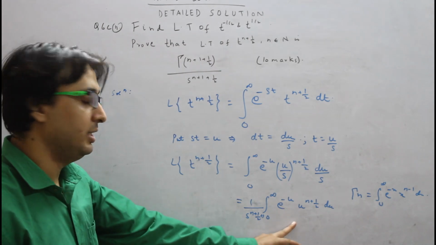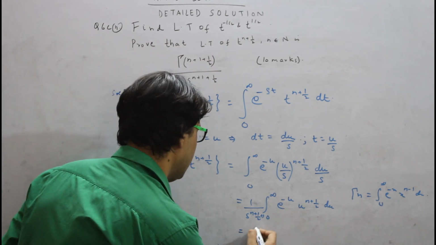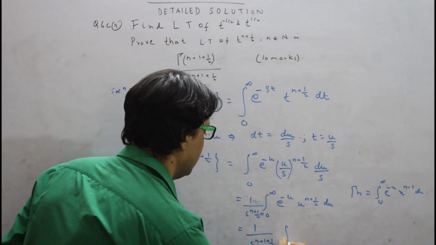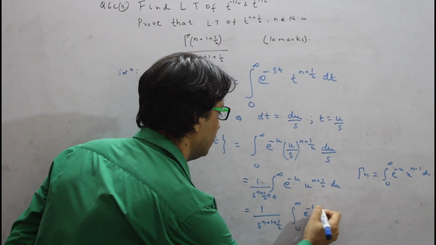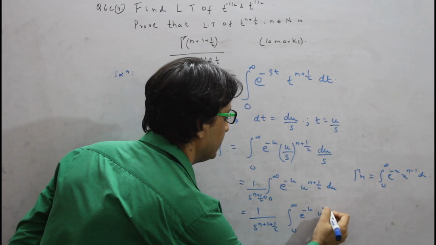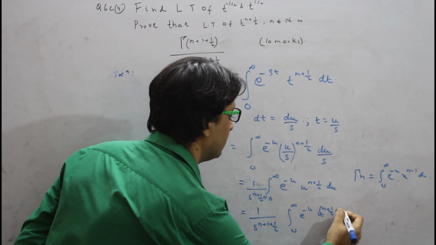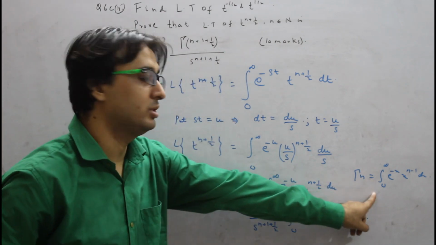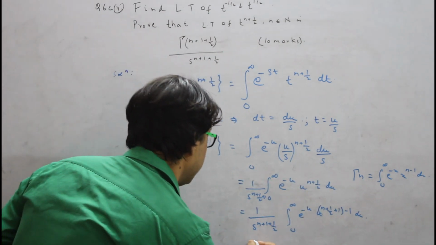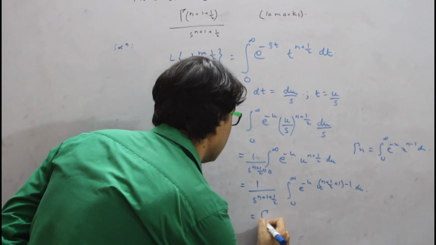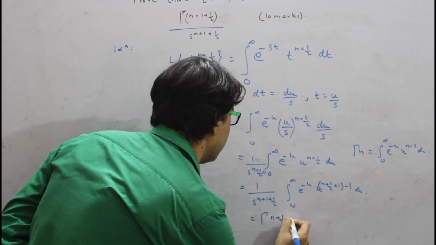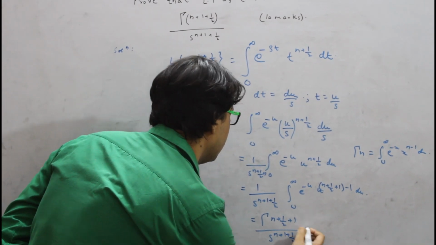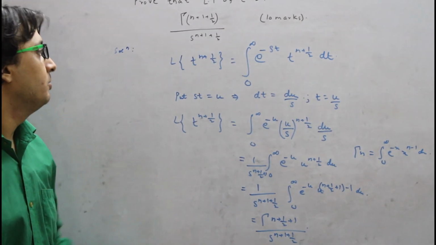So here we are getting u to the power n plus half plus 1, and if we subtract 1, then this is of this format. So we can straight away write this as gamma of n plus half plus 1 divided by s to the power n plus 1 plus half. So this is what we have to prove.